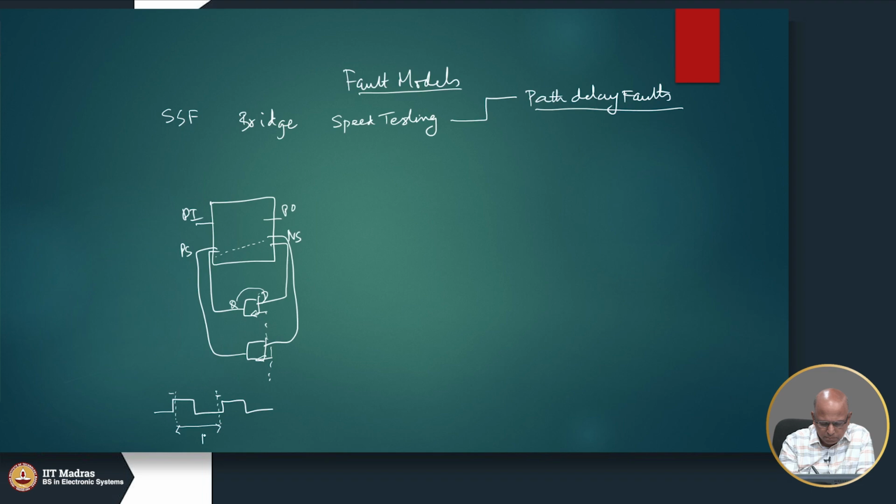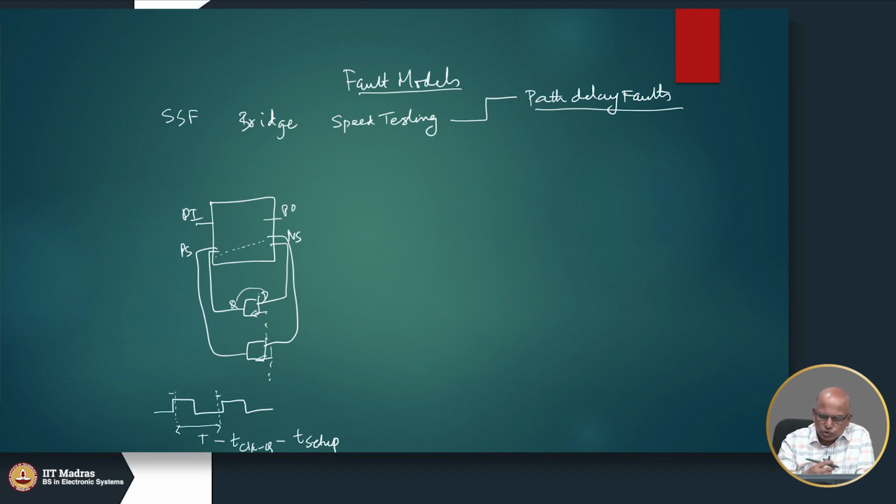So, this is equal to T minus T clock to Q minus T setup. If this constraint fails, then the sequential circuit will not update correctly, the state will not be updated correctly, and it will exhibit a failure.